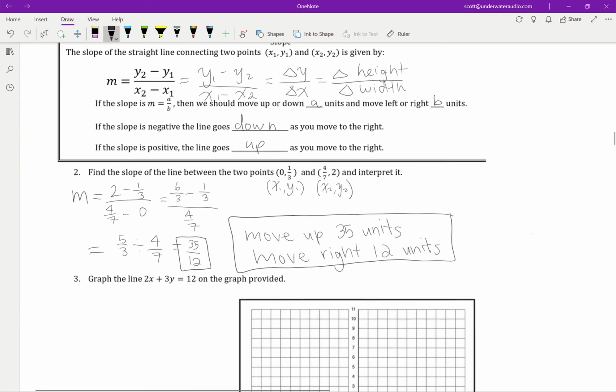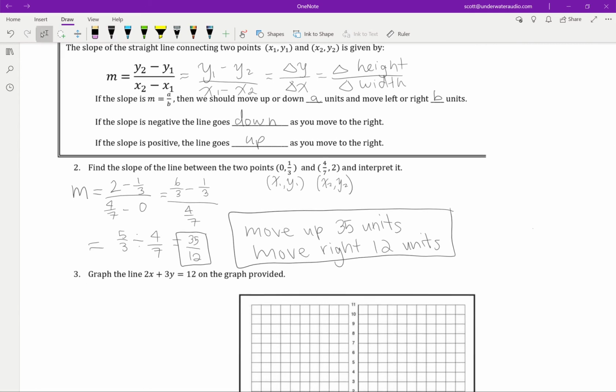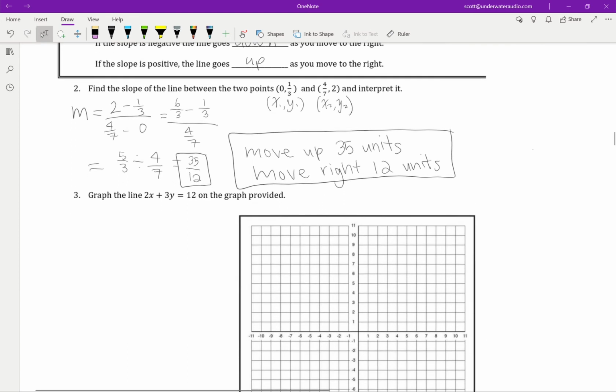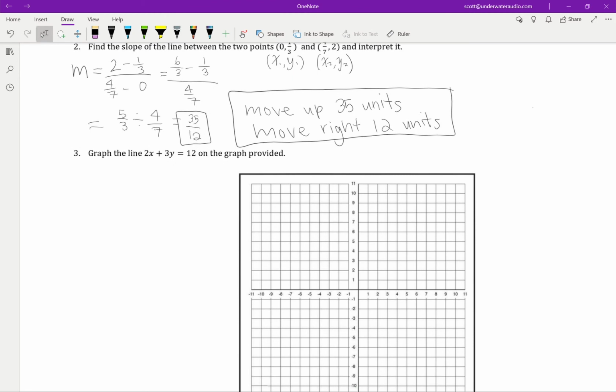Okay, so this next one is a little tricky. I've figured out how to find the slope if I've got 2 points, but now I have an equation and I need to graph it. The way I do that is by putting it into slope-intercept form. So I start with 2x plus 3y equals 12, and I solve for y.